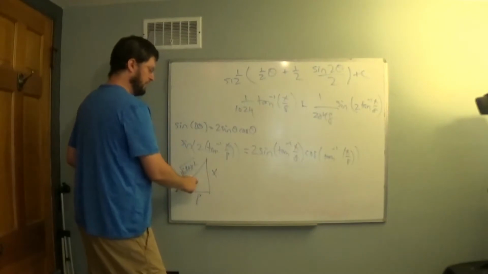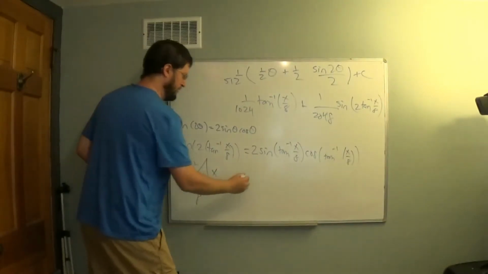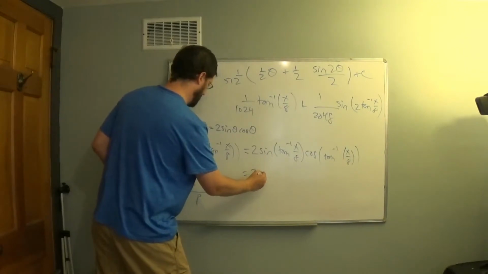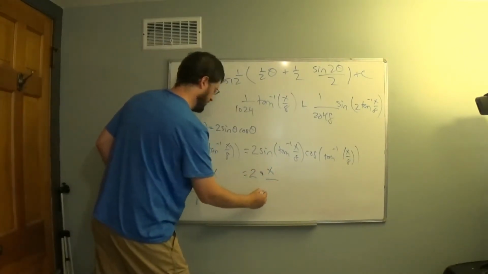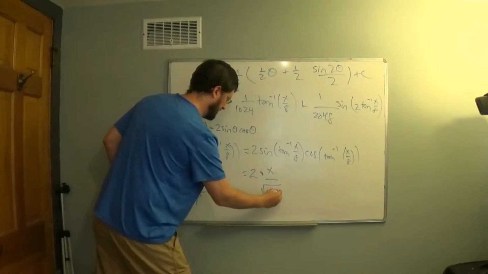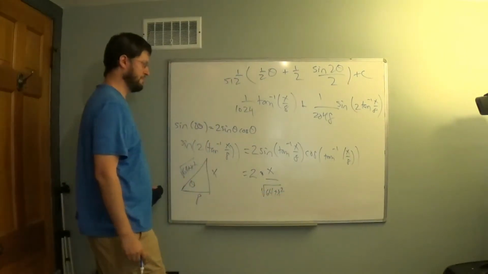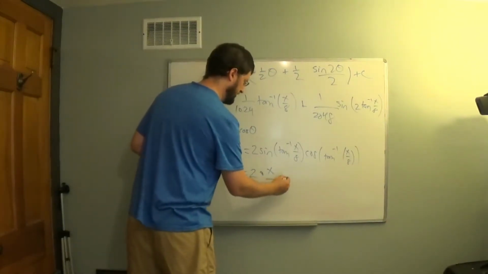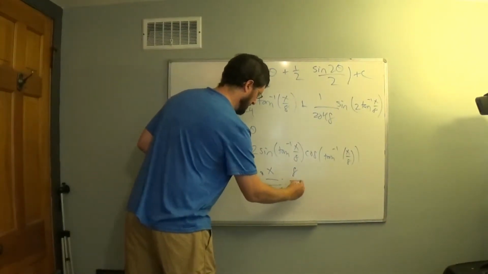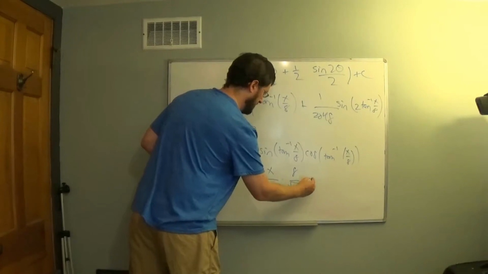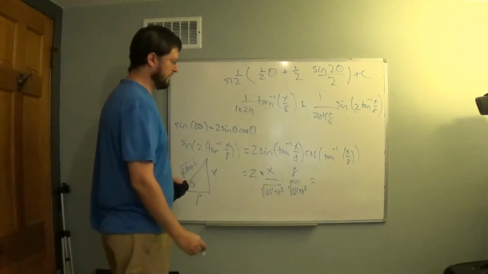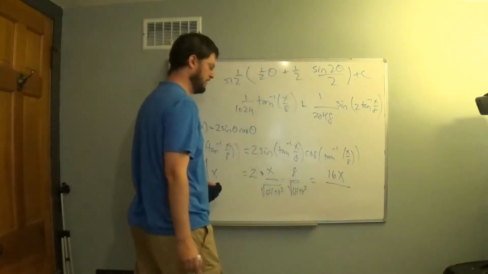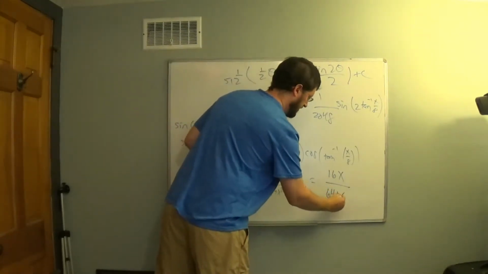Sine of the angle now will be opposite over hypotenuse, so this is 2 times x over root 64 plus x squared. Cosine of the angle will be 8 over that. So that's times 8 over the same thing, root 64 plus x squared. Putting this together makes 16x over 64 plus x squared.